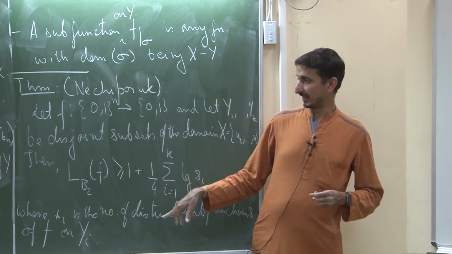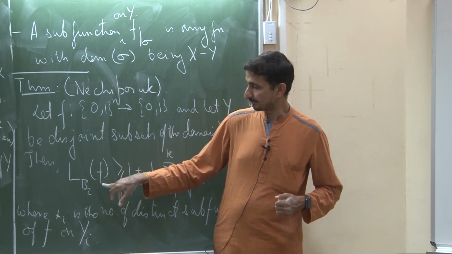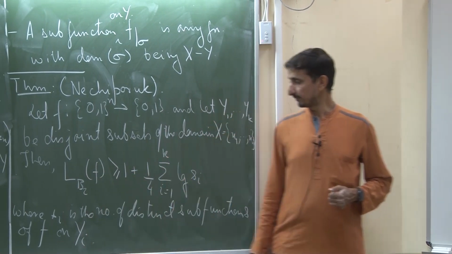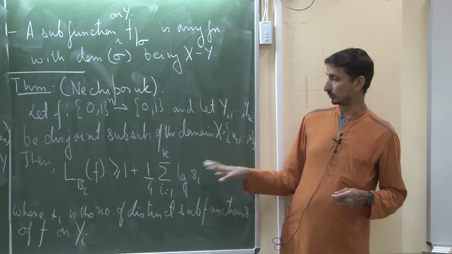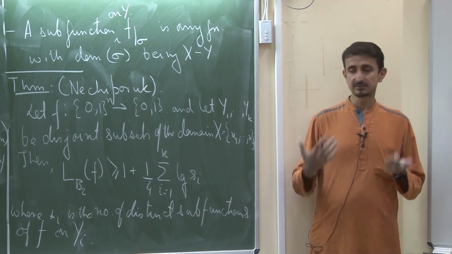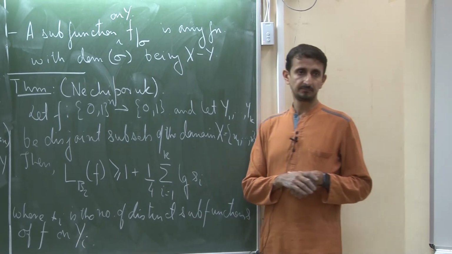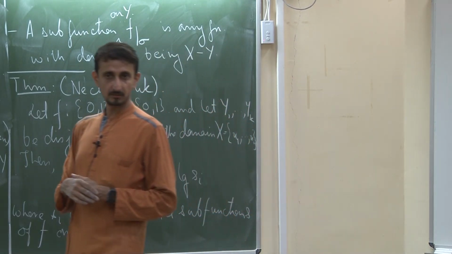of f on yi. Then what we are saying is that the lower bound of f over the basis B2 is 1 plus 1/4 of log of Si. Okay. So as the number of subfunctions keeps growing, the lower bound will increase.